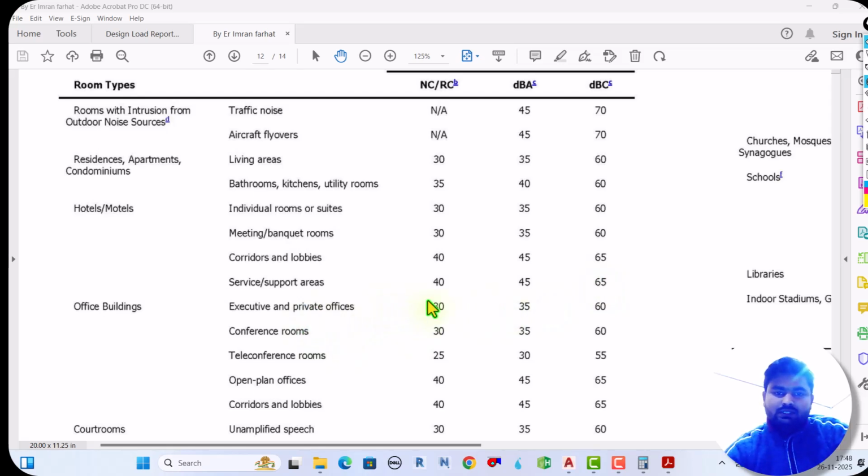noise criteria is like 30. Okay, also if we go, then open up to 40. So we can select 30 or 40, but not above this one. Okay, we can also go easily 35, no issue, but as per the standard, this is the range for the noise criteria.